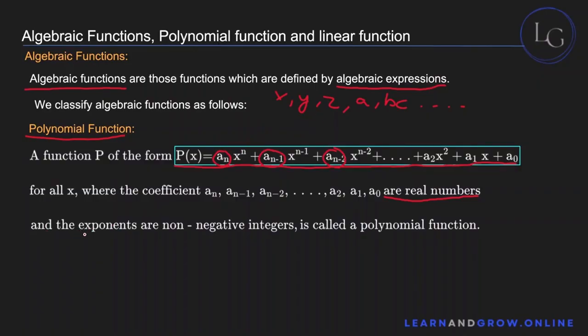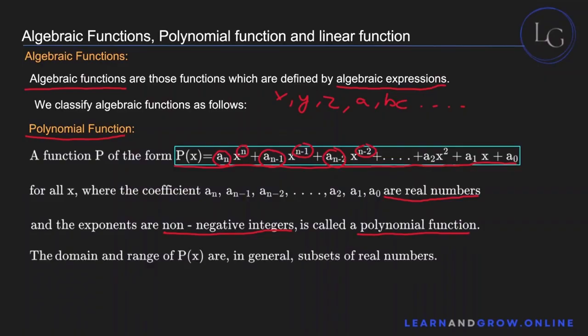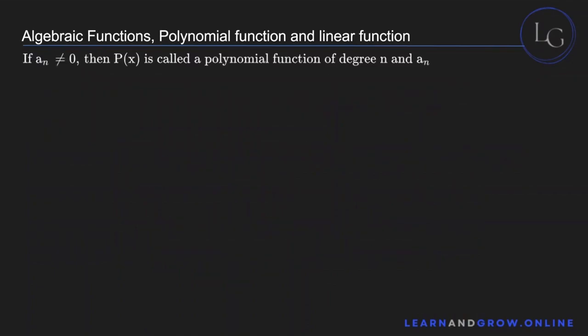And the exponents, these n terms, right, are non-negative integers. So when these two conditions are fulfilled, it is called a polynomial function. And the domain and range are subsets of real numbers, okay, for polynomial functions.